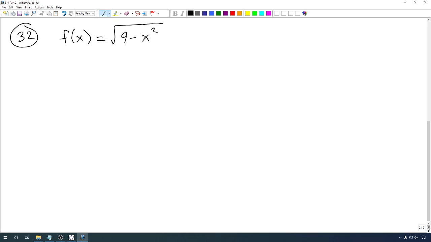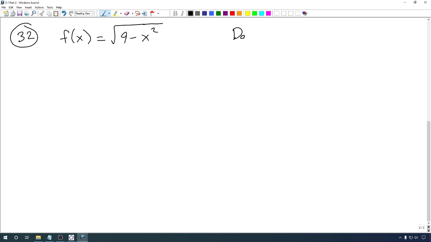Now here's where the domain kind of comes into play. What is the domain of this function? Well, remember, we can't have a negative under our square root. So we need 9 minus x squared to be a non-negative number. And that's only going to be true if x squared is not bigger than 9.